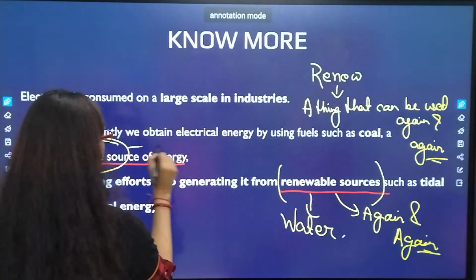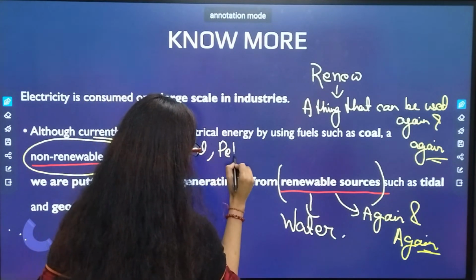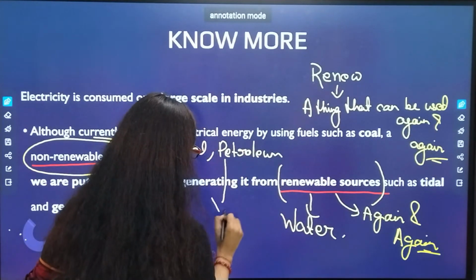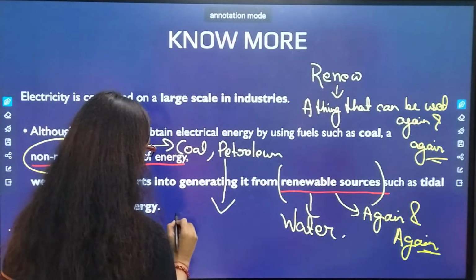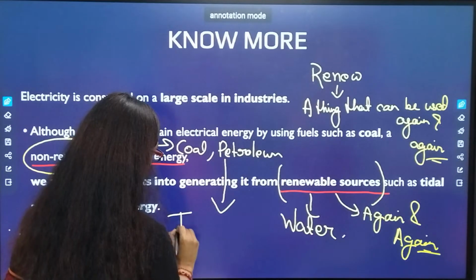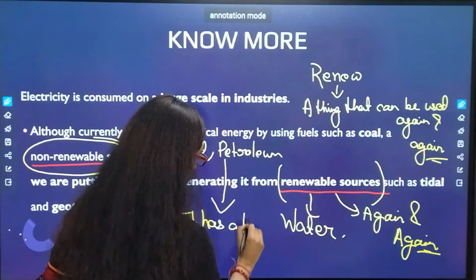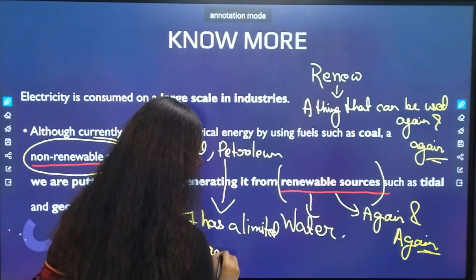Non-renewable means coal, petroleum. Once it is burned, it cannot be used further. So it is a limited resource.